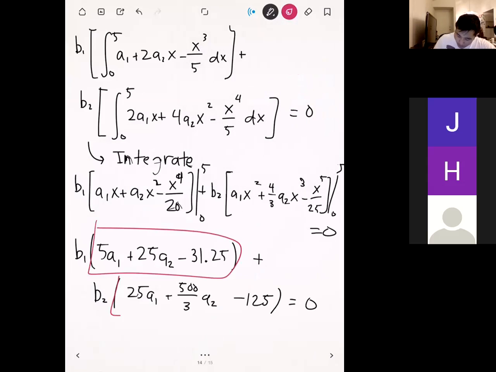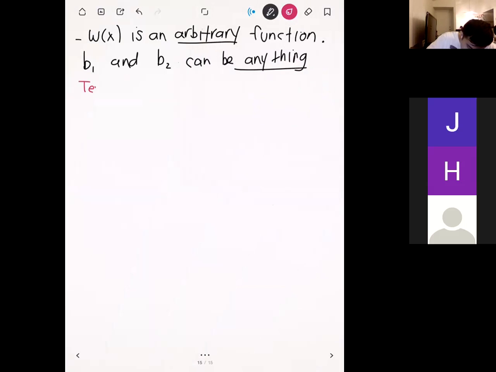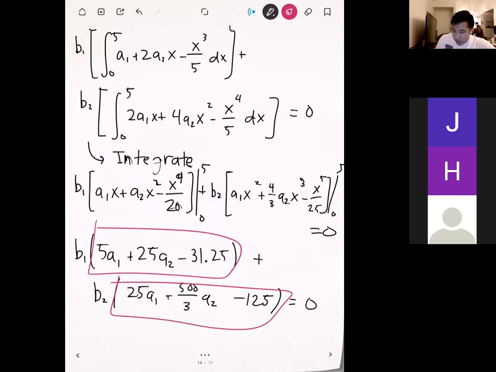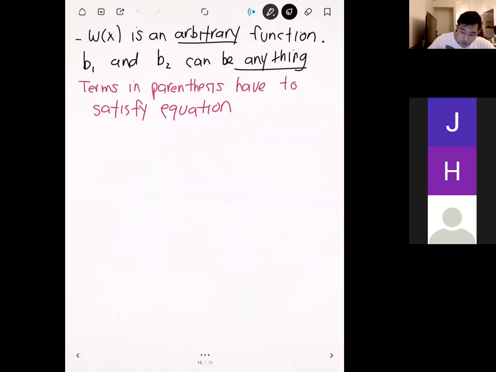So both of these quantities that I've boxed in red have to be 0. And so what that's going to give us is a system of two equations for two unknowns.